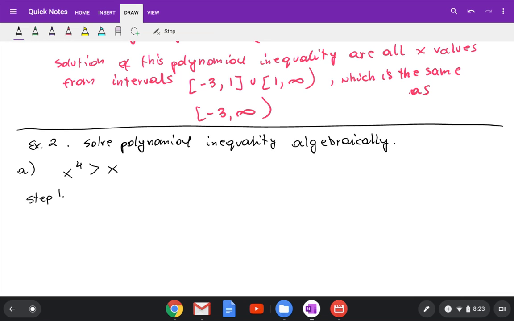So step 1, rearrange the inequality so 0 is on the right side.